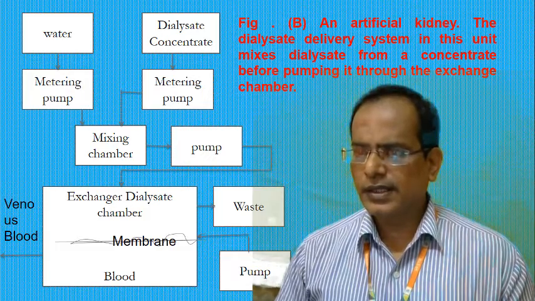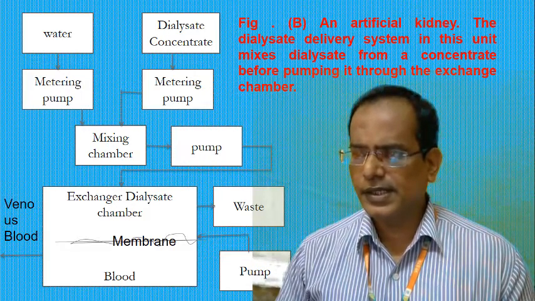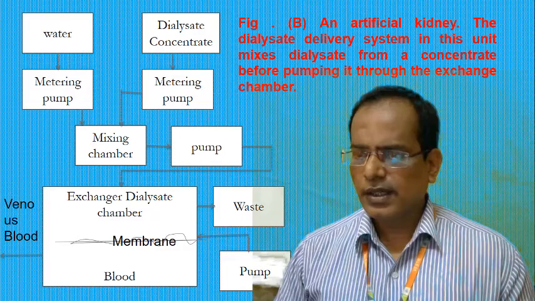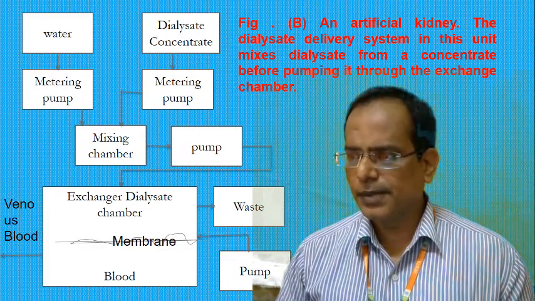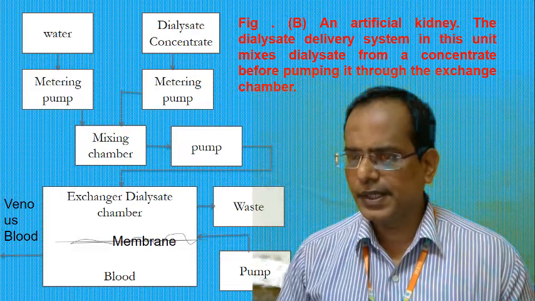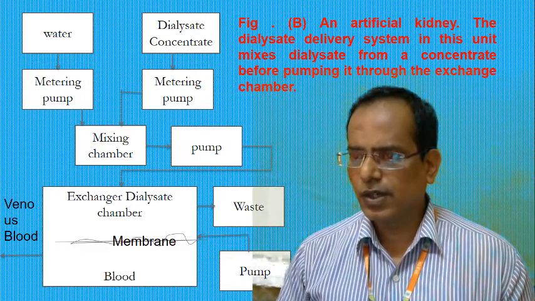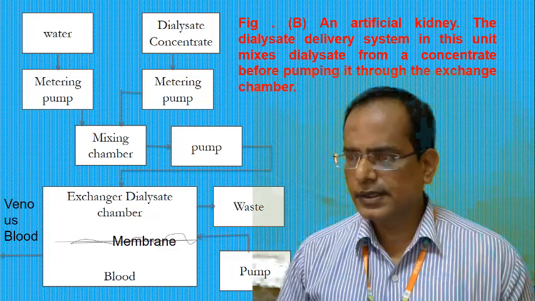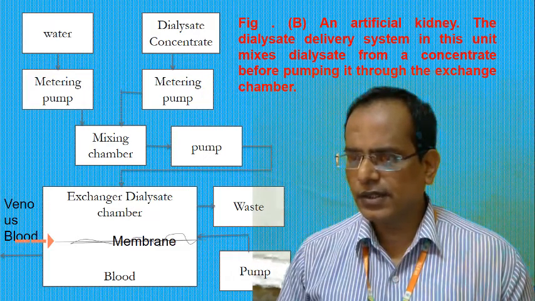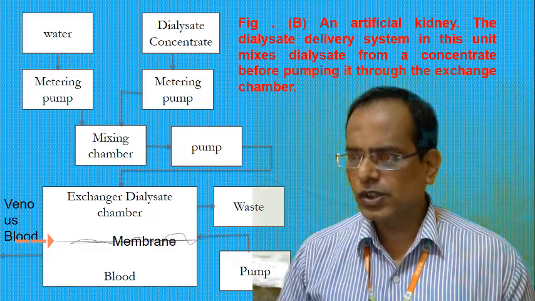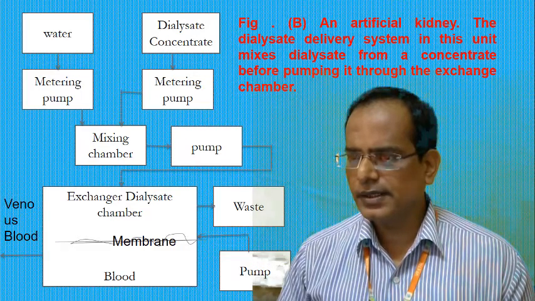Now there are three basic types of exchangers in use. Here the coil dialyzer consists of a tube made of semi-permeable membrane material, which is mounted into a coil in such a way that the dialysate can be circulated between the individual turns of it. This is the most commonly used type of dialyzer.